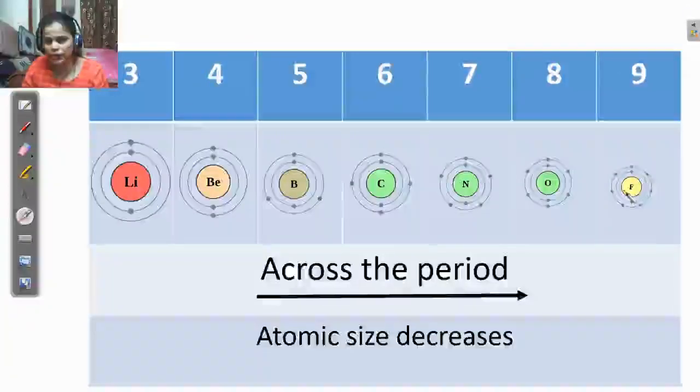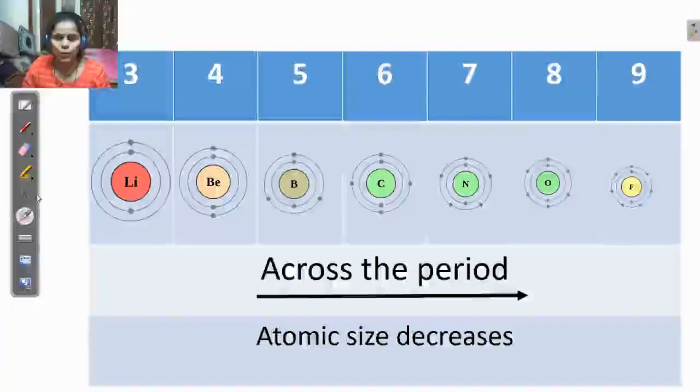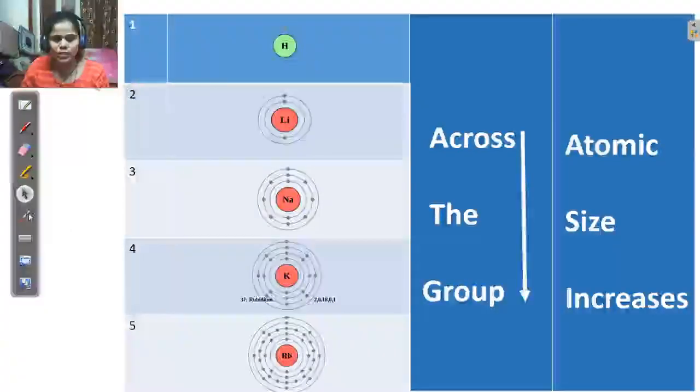This is your second period, and here the total number of shells is 2. But see the group. This is your first group. Here 1 shell, then 2 shells, then 3 shells, then 4 shells, then 5 shells. In the case of the group, the number of shells increases.